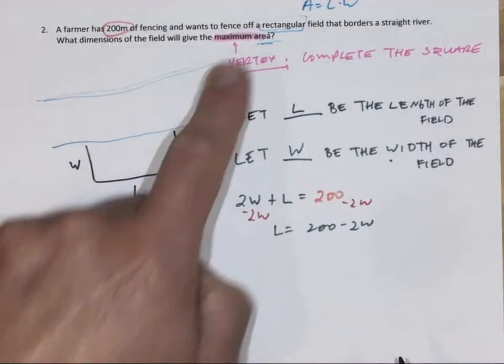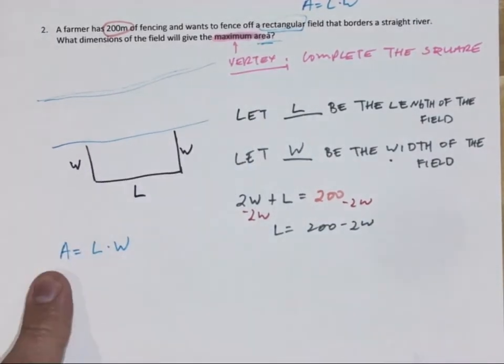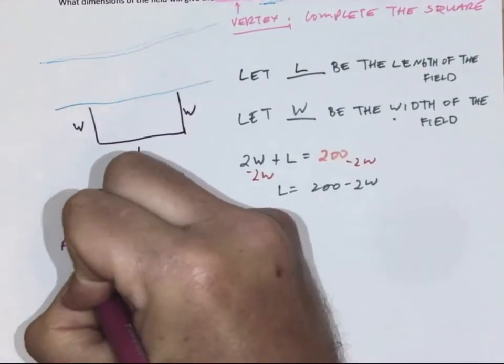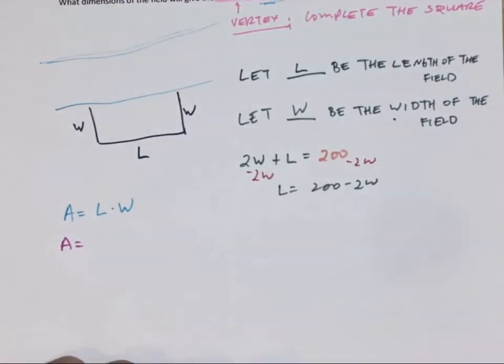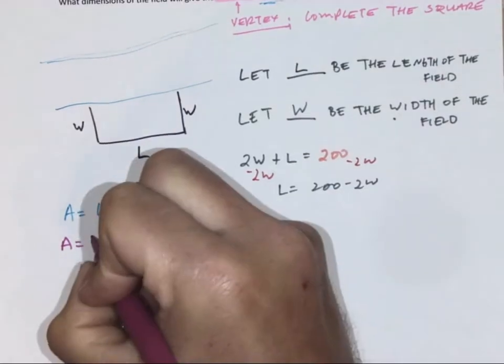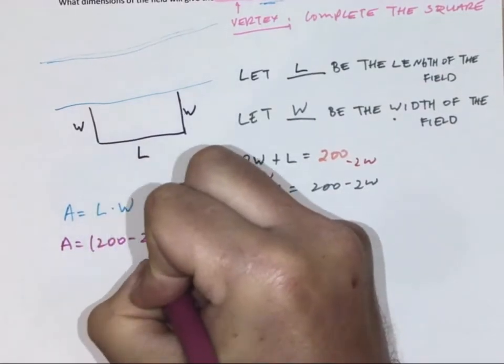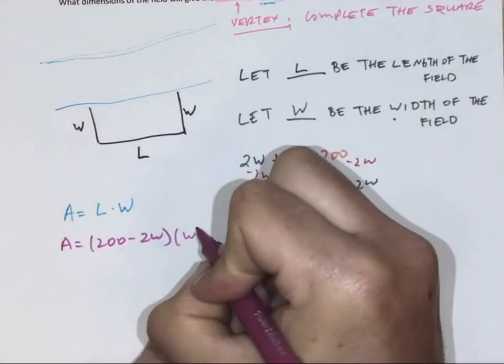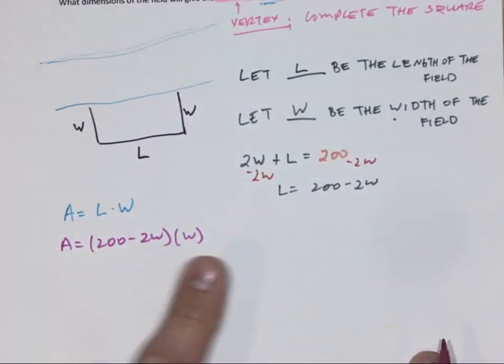Okay, so our maximum area means we're going to try to treat this as vertex, which means we are probably going to be completing the square to get to vertex form. Okay, length. Oh, I've got a length now. My width. Oh, I've already got a width. And now I have that.